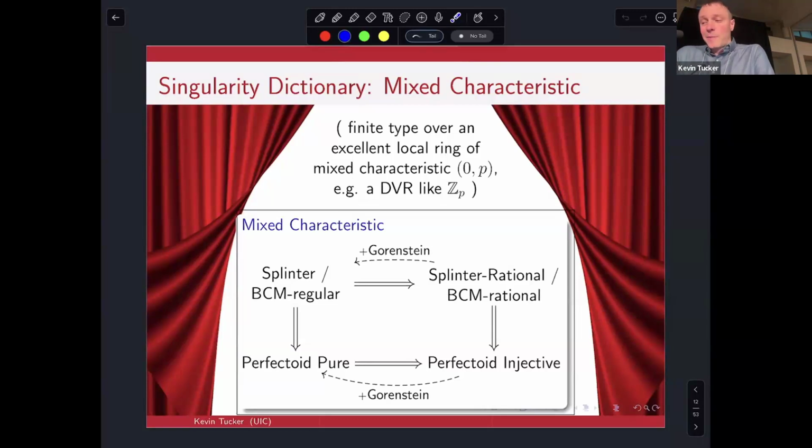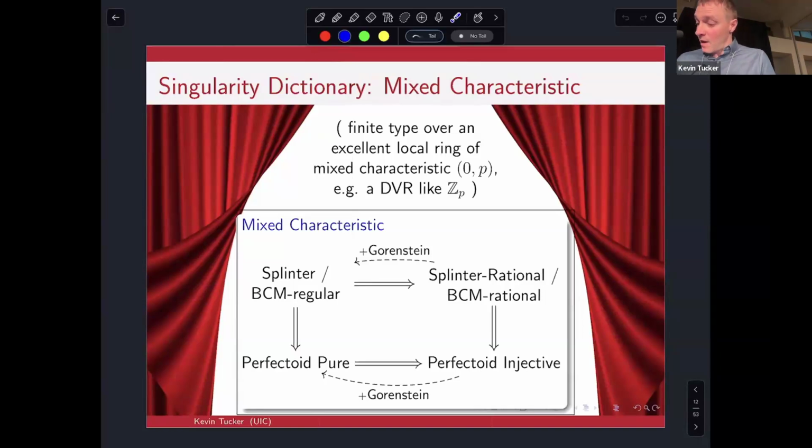Whenever I say characteristic p, it means I'm working with rings or schemes of equal characteristic p, schemes over F_p or F_p bar or something like that, where everything in sight has characteristic p. And whenever I say characteristic 0, I mean I'm working with rings that contain Q, and secretly, I'm largely thinking about complex varieties.